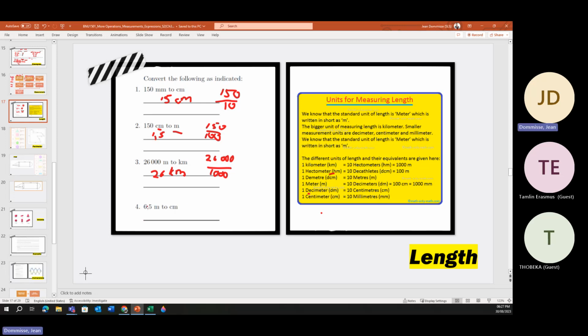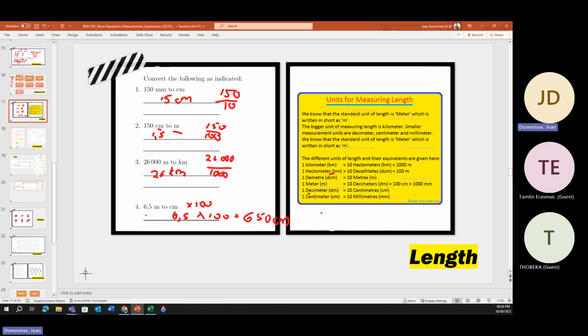Then to go from meters to centimeters: if we divide by 100 to go from centimeters to meters, instead of dividing we need to multiply. So to go from meters to centimeters, we say 6.5 times 100, and that will give us 650 centimeters. So 650 centimeters is equal to 6.5 meters.